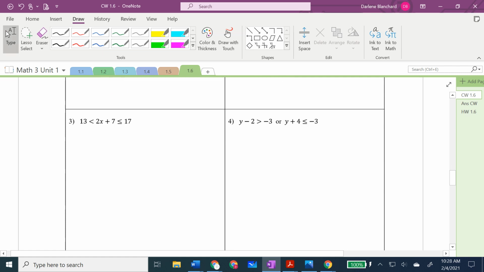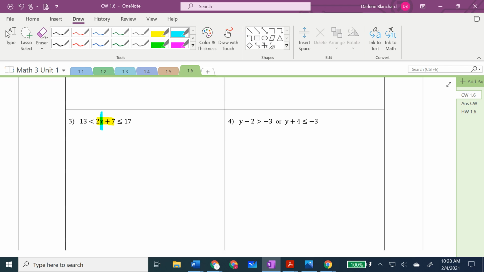Okay, now these next couple of problems are compound inequalities. If you have something in the middle, the quickest way to work with it, and I'm only going to give you a certain level of inequality problems. If I give you a triple like this, I'm going to put the variable only in that middle section.